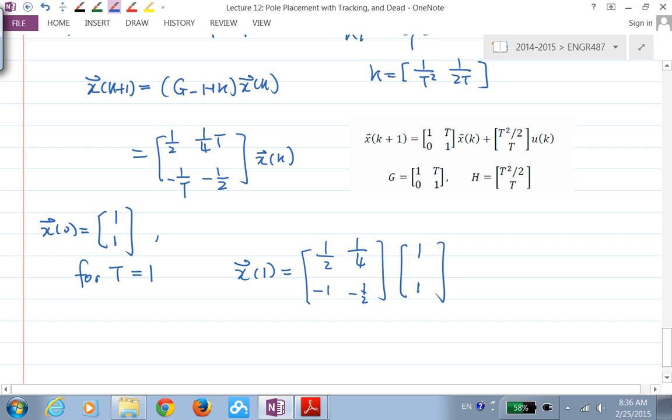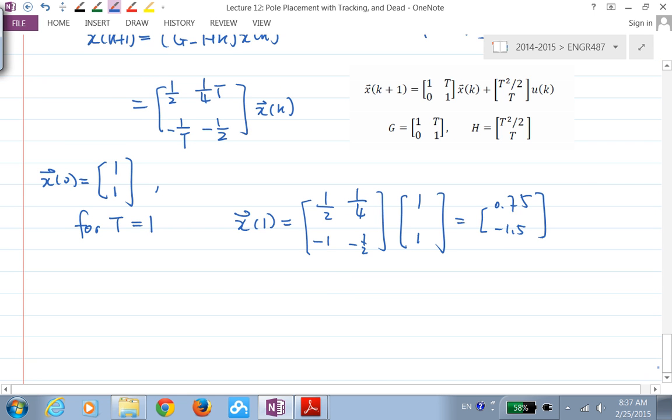This matrix multiplication gives you 0.75, negative 1.5. So it's nowhere near the 0 point.